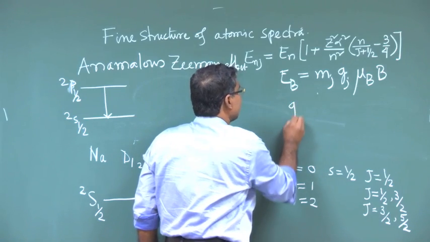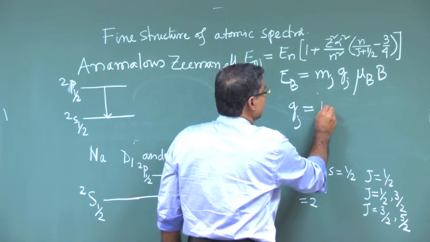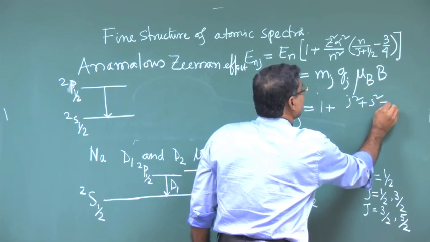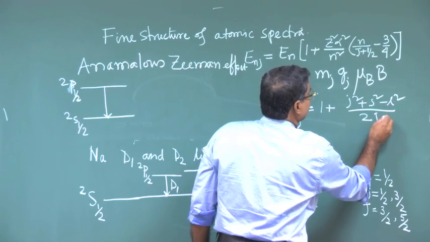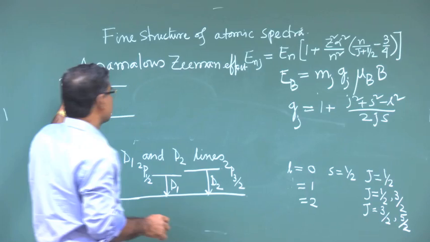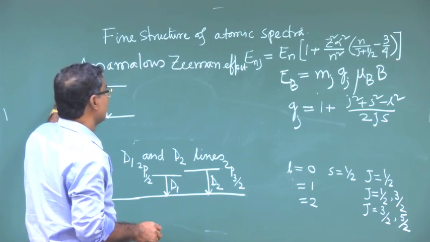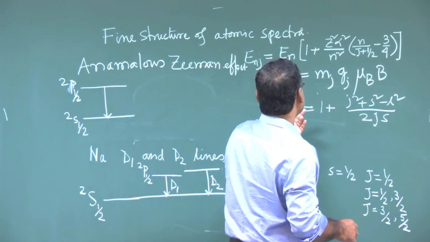What is the gj value that we have derived? It was 1 plus j(j+1) plus s(s+1) minus l(l+1) by 2j(j+1). For these two terms we know the j, l and s values, and we can find gj.